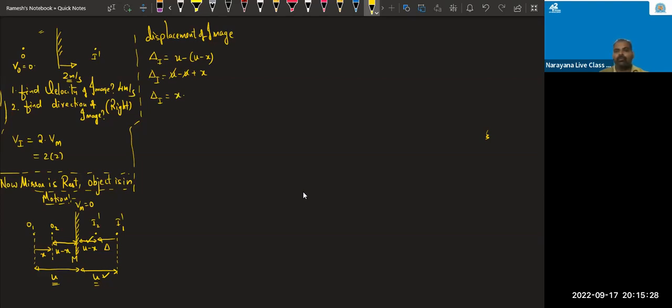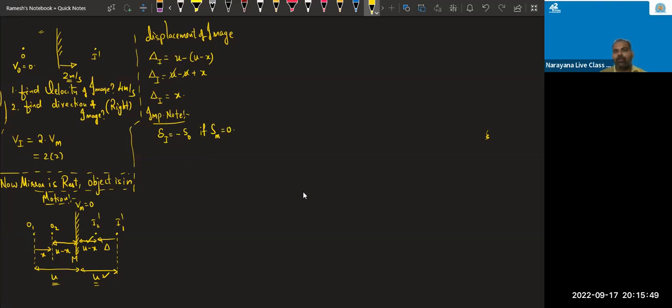Understood or not understood? So I will write one important note. With your permission, shall I write displacement of image equals minus displacement of object, if displacement of mirror is 0?